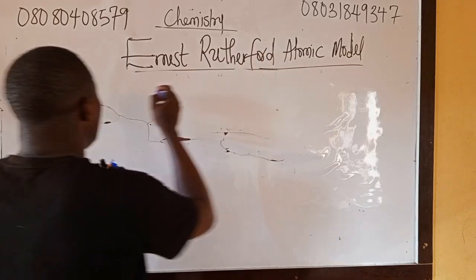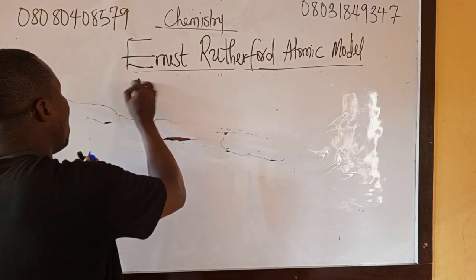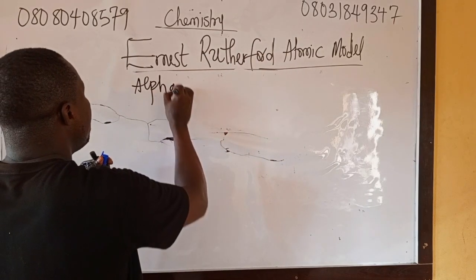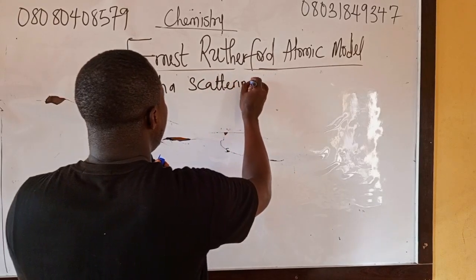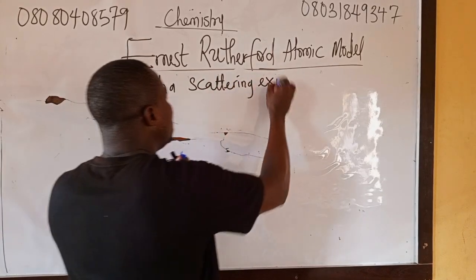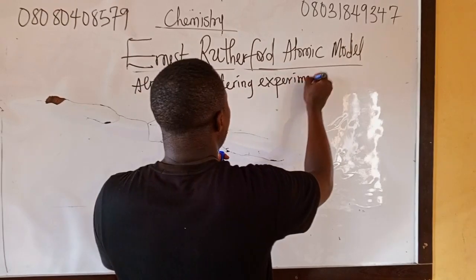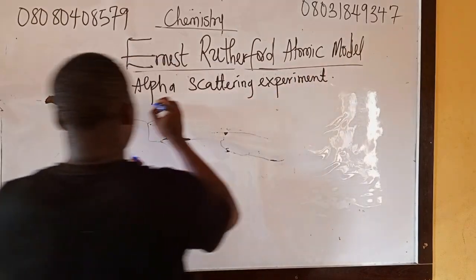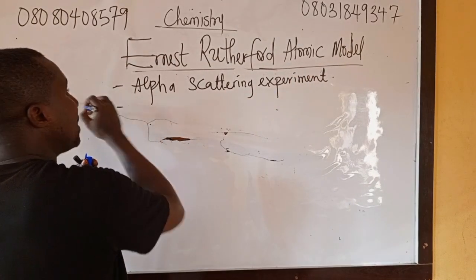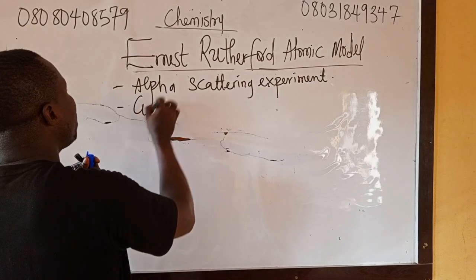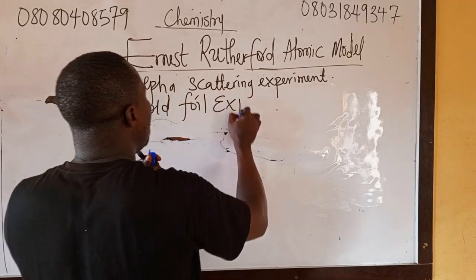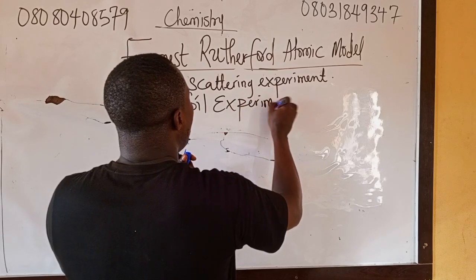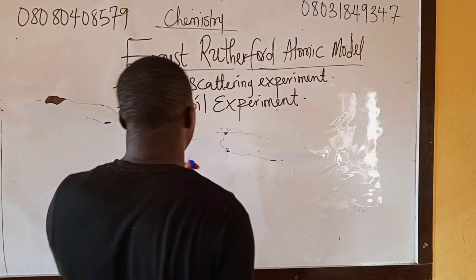His experiment is known as the alpha scattering experiment, which can also be called the gold foil experiment.